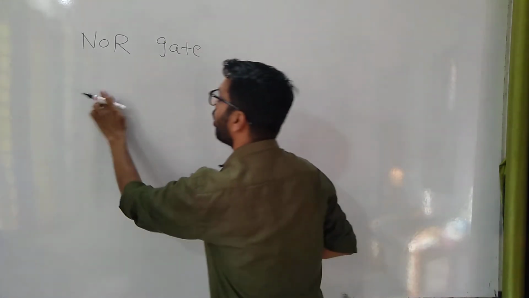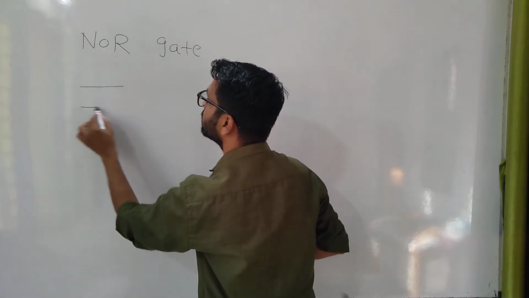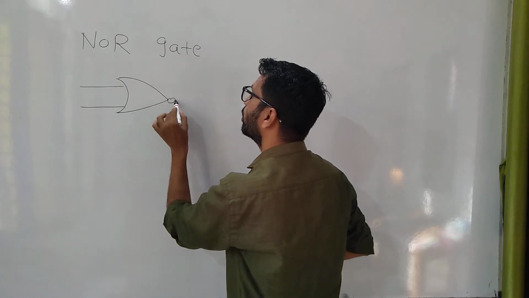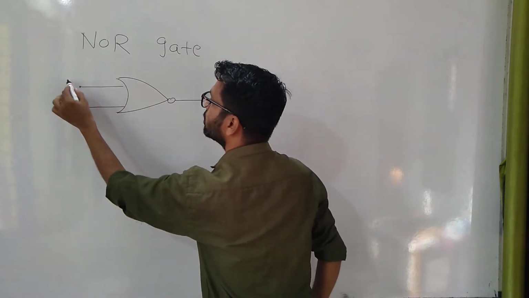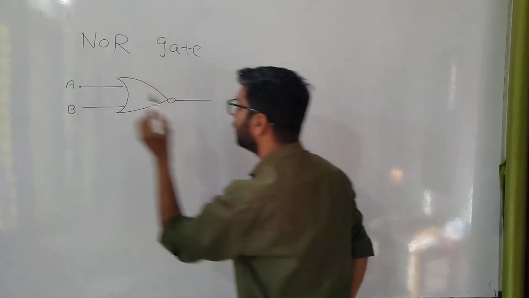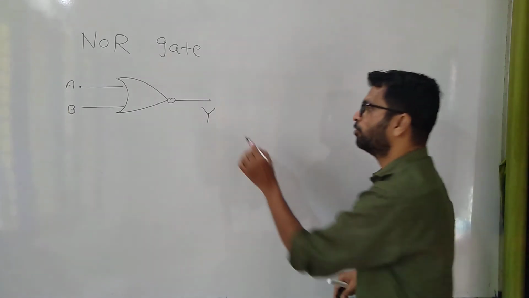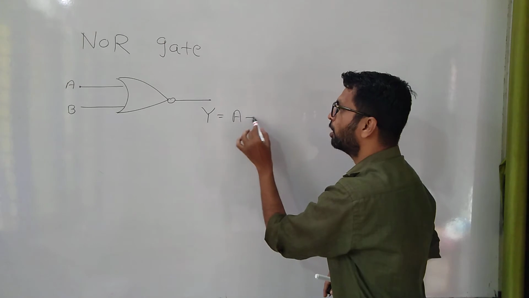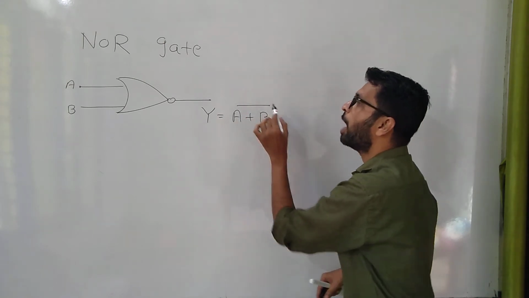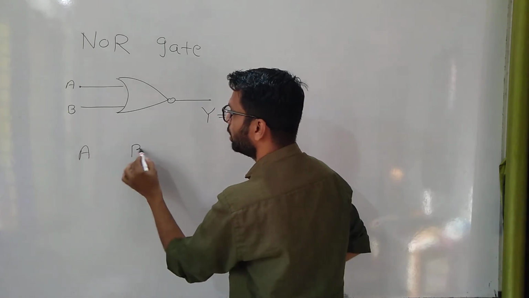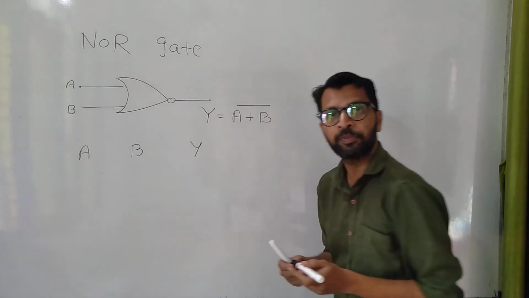The symbol of the NOR gate is like this, and here we put a bubble. This is input A, this is input B, this is output Y, and the Boolean equation for the NOR gate is A plus B, whole bar. And the truth table has A, B and Y.